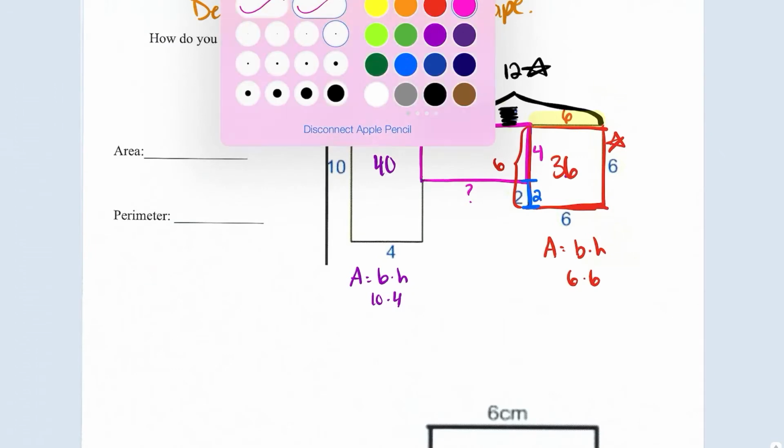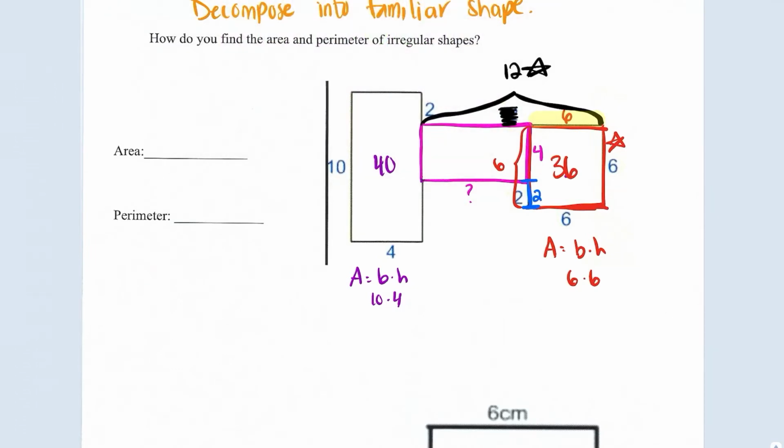So if that side is 6, what do you think the pink side is? Hopefully you said 6, because 12 minus 6 is 6. So that means that this pink question mark is 6. To find the area of that rectangle, we're going to do base times height, so you multiply 6 by 4, which is the height, to get 24.